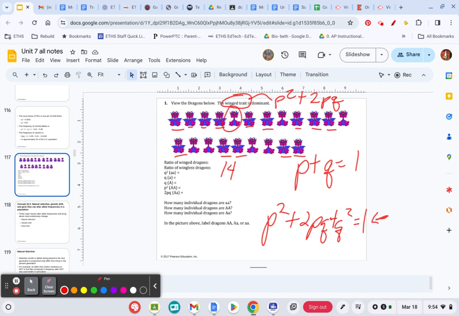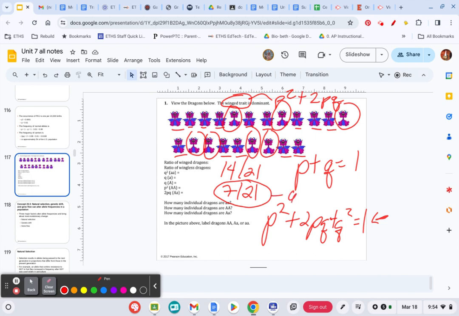And 1, 2, 3, 4, 5, 6, 7 are going to be not winged. So this would be out of 21, and 7 out of 21. So 7 out of 21 are going to be what value? Q squared.